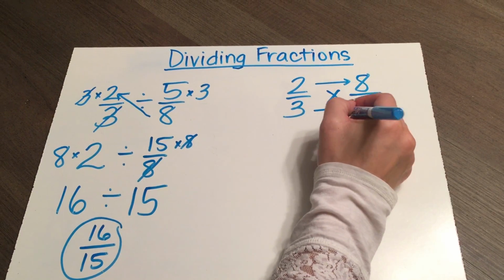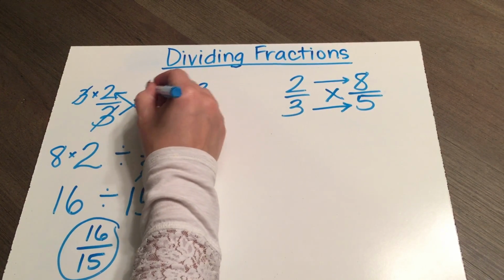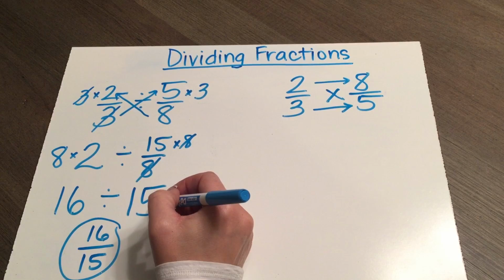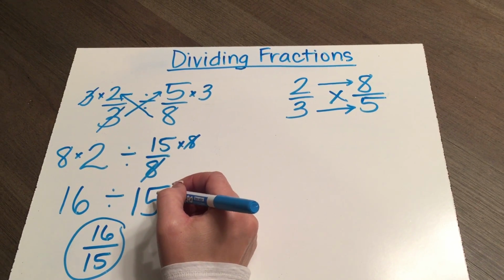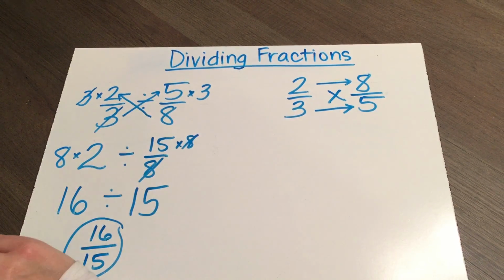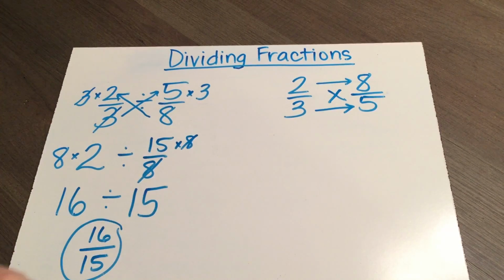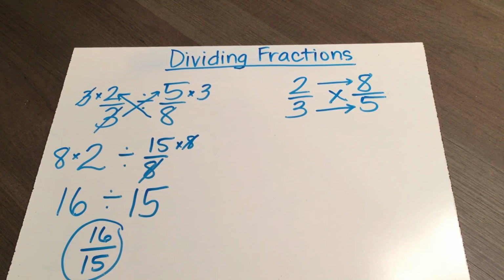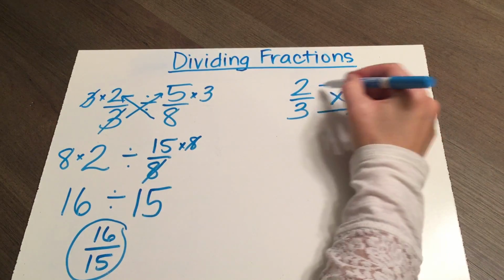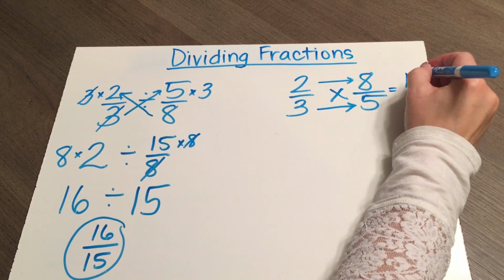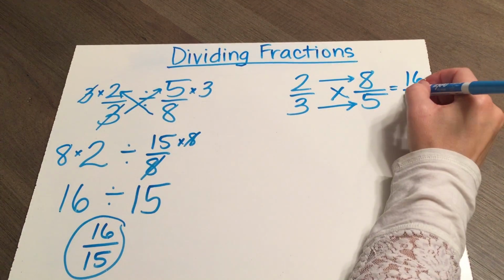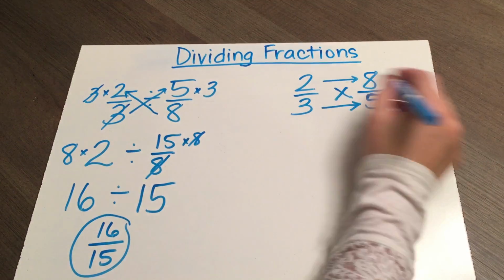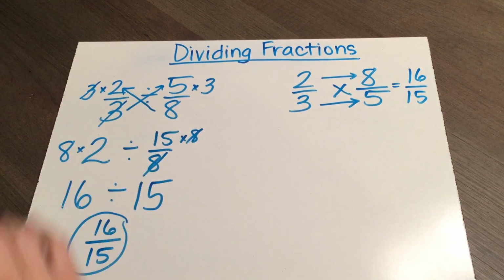Here we have 3 times 5, which is what we achieved here by multiplying this 3 and having a 15 there. So we are actually cross-multiplying to get that common denominator of 1 and get rid of those denominators altogether. So we have 2 times 8 equals 16 over 3 times 5 equals 15, which is a much quicker, more efficient way to complete this problem.